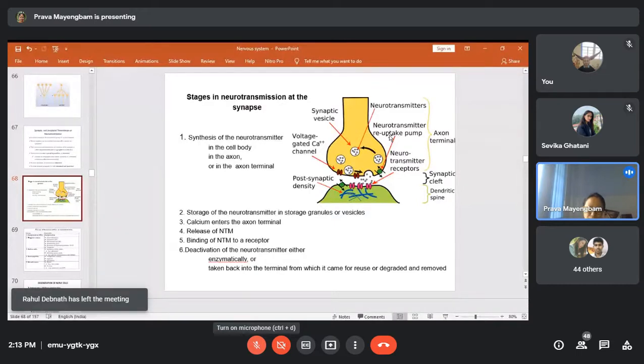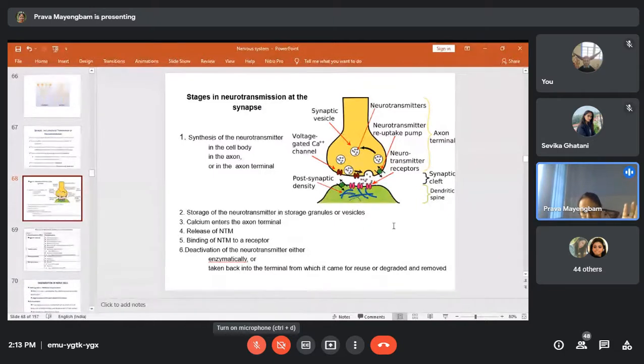No problem, okay? But when we discuss the synapse, I have described only the salient points. But when we are discussing neurotransmission, different stages, I'm describing a little in detail. So the stages in neurotransmission at the synapse.